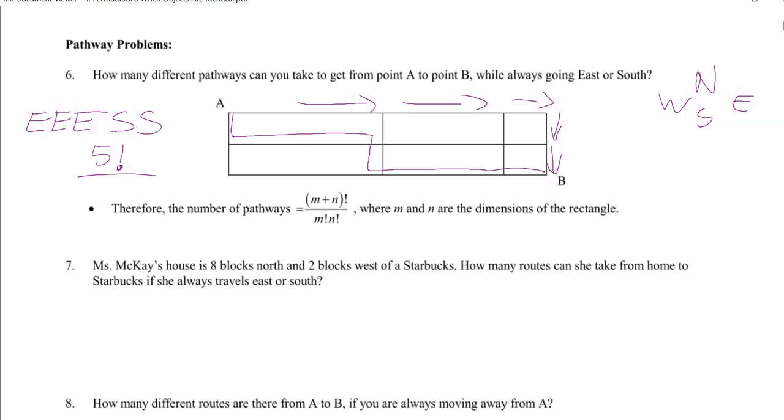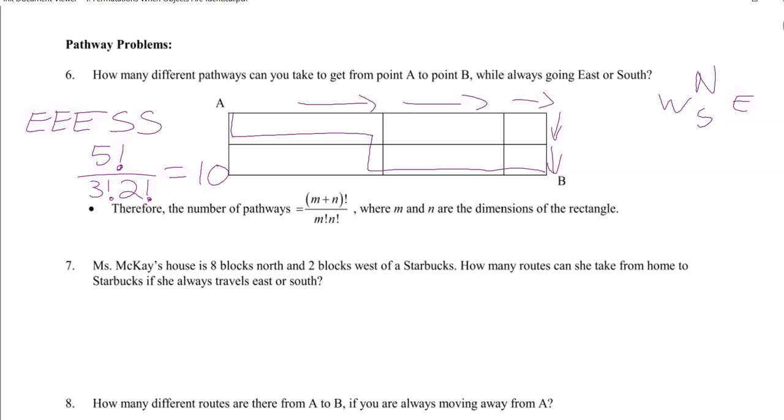So 5 blocks in total is 5 factorial. 3 blocks east, 3 E's divided by 3 factorial. 2 blocks south divided by 2 factorial. 5 factorial divided by 3 factorial, 2 factorial is 10.